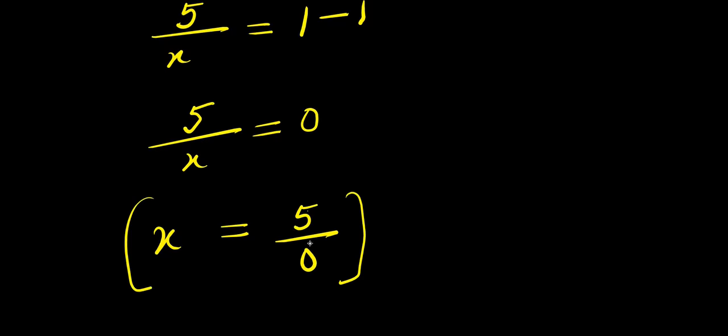So this is what I mean. This is what simply happens. Reciprocal simply means 1 divided by 5 over x equals 1 divided by 0, right?